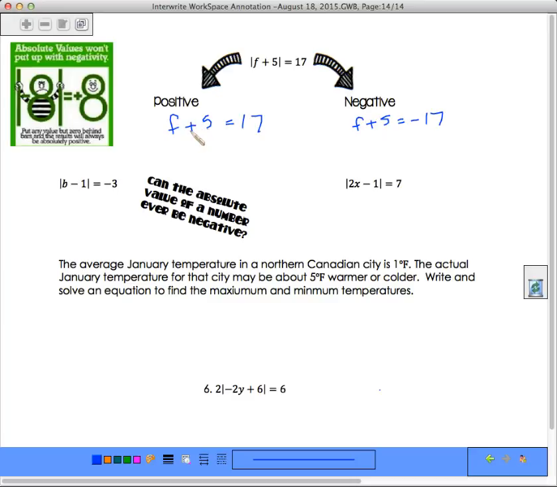Okay, to solve this, here I'd subtract 5, which would give me f equals 12. But we're going to have two answers. We have what if everything in here was positive, or what if everything in here was negative. So over here, I'm going to subtract 5 and get f equals negative 22.